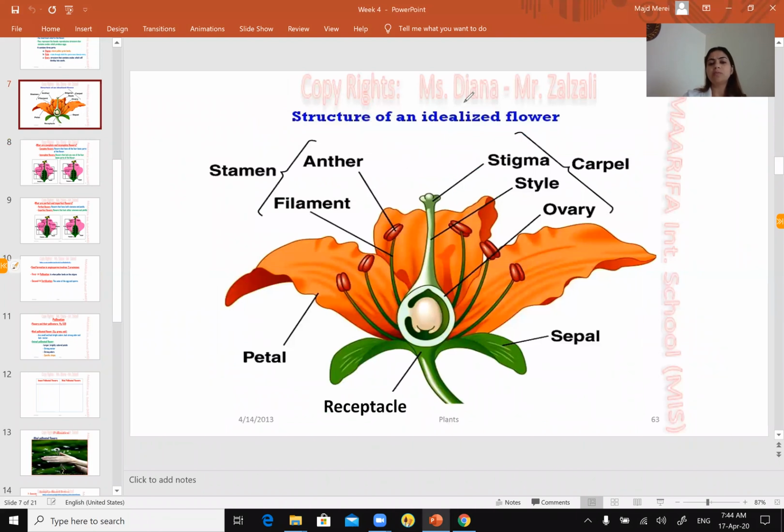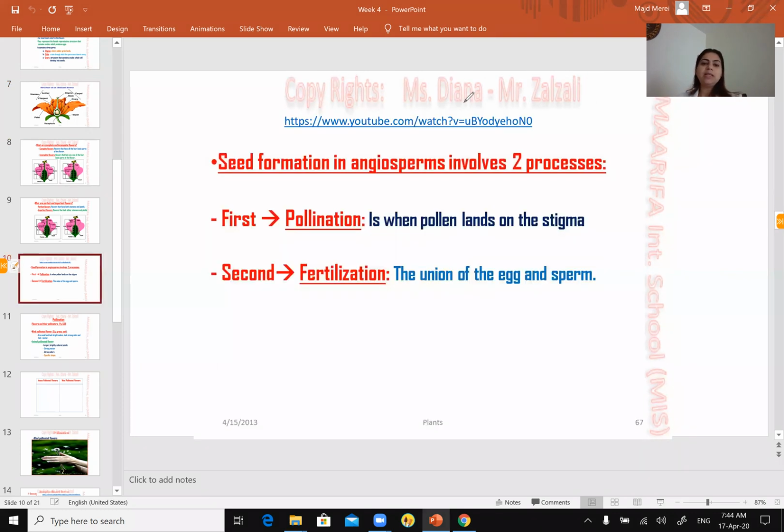Here, for example, the pollen that lands on stigma contains sperm. Inside the ovary, the ovules contain egg. When they unite together, joining together, this is known as fertilization. So again, seed formation in angiosperms, flowering plants, involves two processes, pollination followed by double fertilization.